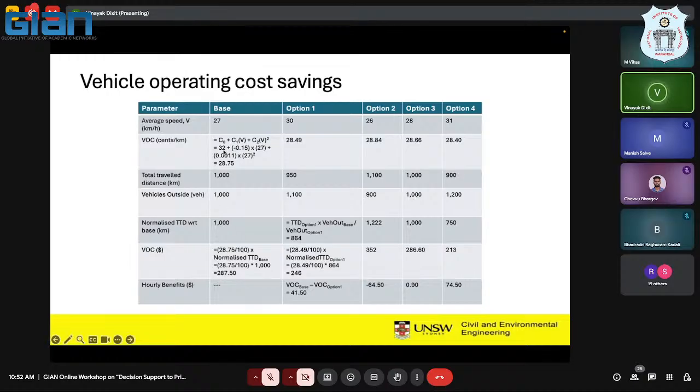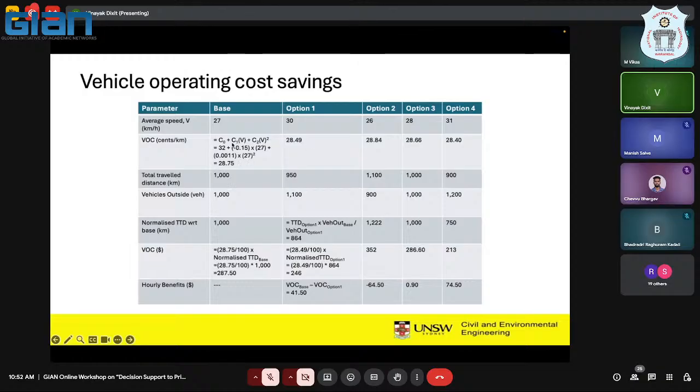Very similar. Option 1 actually reduces the total distance traveled. These two increase it. This one keeps the distance traveled the same. This one increases the distance traveled, and this one reduces it as well. So based on these equations, you end up with different VOCs. So this is 28.75, 28.